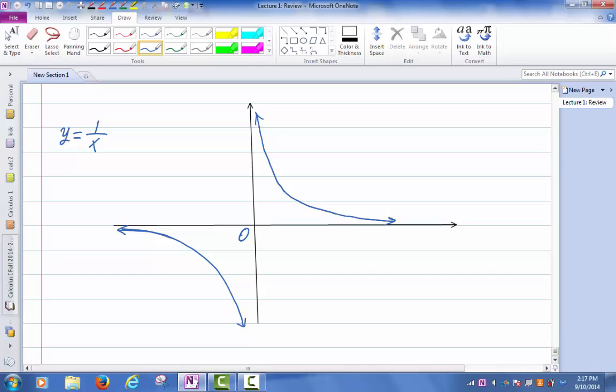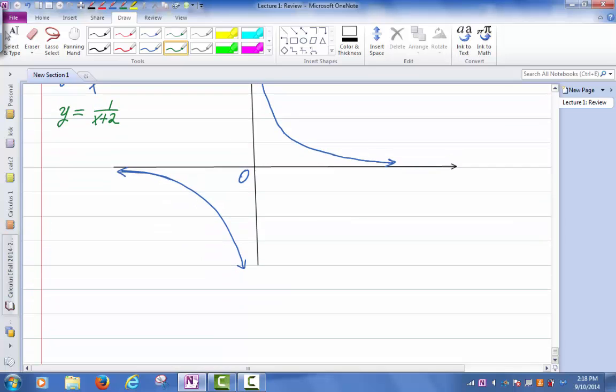Now, if I ask you what is the graph of, let's say, 1 over x plus 2, what would you say? How would you obtain that? Let me make a separate graph for that.